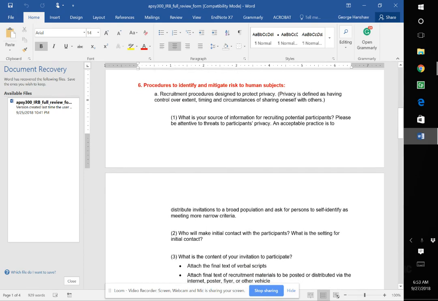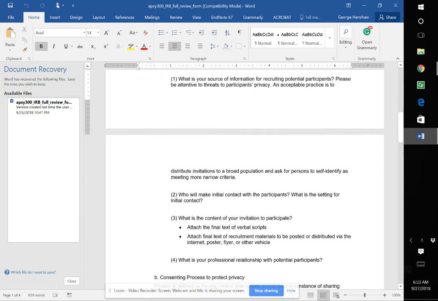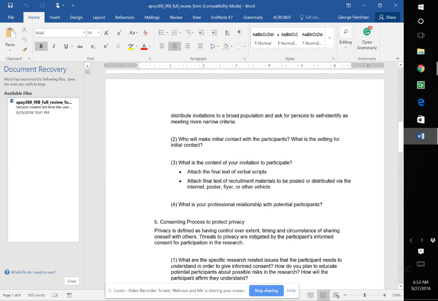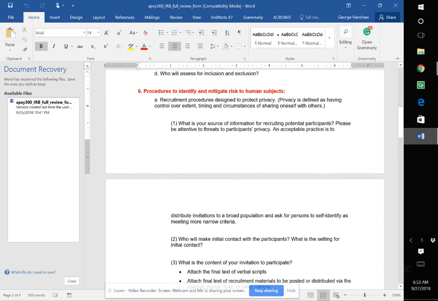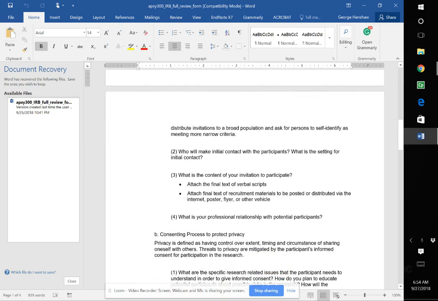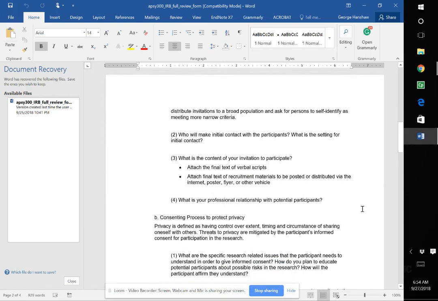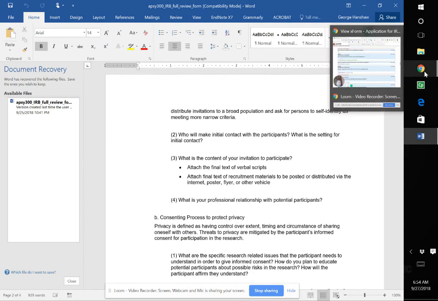So, procedures to identify and mitigate risk to human subjects. And then it gives us, okay, what is your source of information? So the sources, who will make the contact, that's just the primary investigator, so that would be your name. And then what is the content of your invitation for participation?